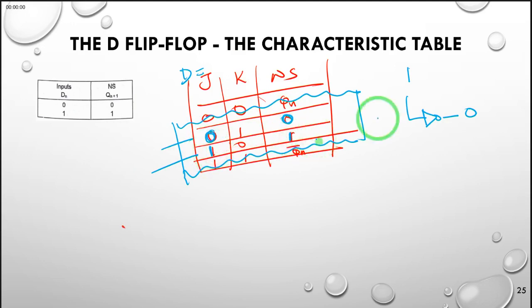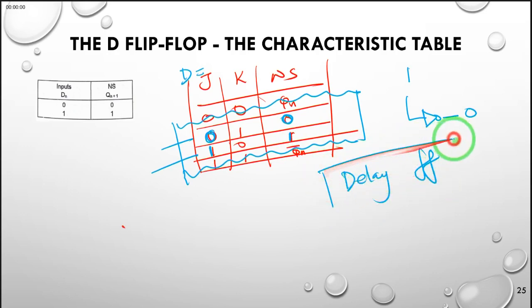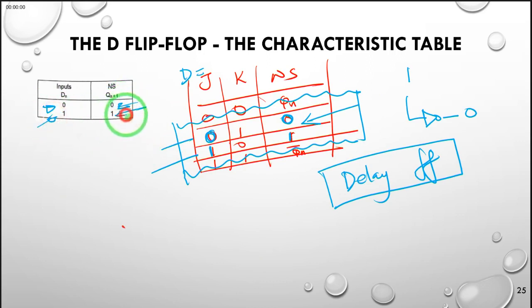That is what is called a delay flip-flop, meaning that the next state will follow what is input at the input. It just waits for one clock pulse, and what was sent at the input is reflected at the next state. So input D is 0, the next state is 0. Input D is 1, the next state is 1. That is the characteristic table of the D flip-flop.